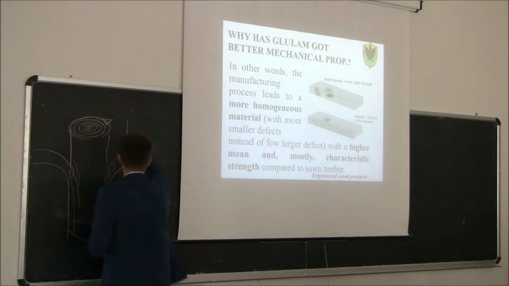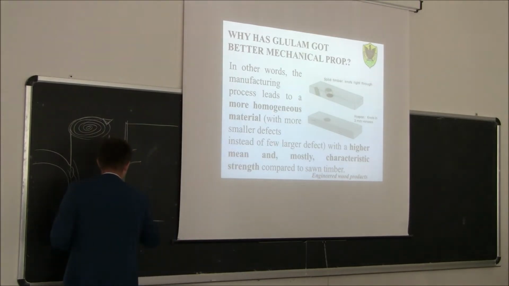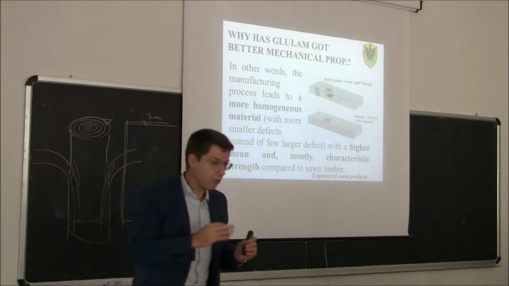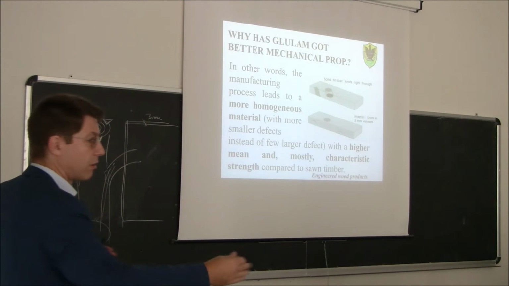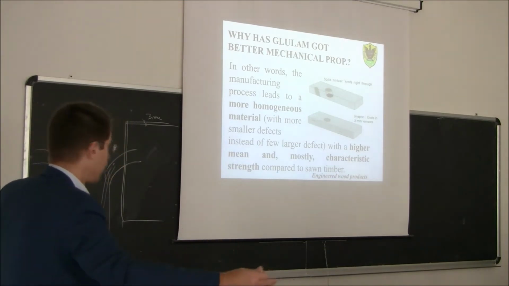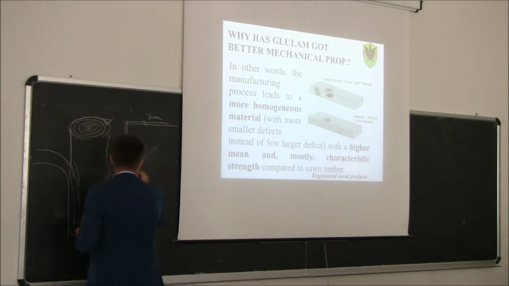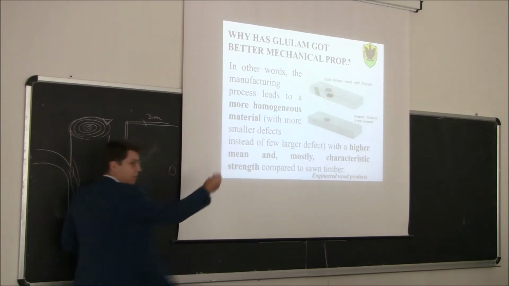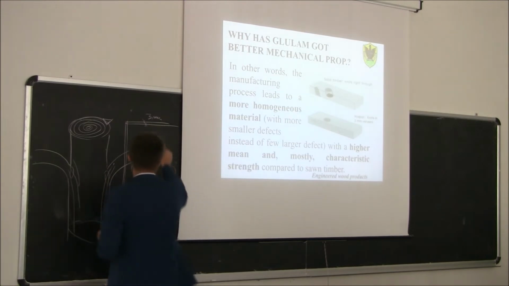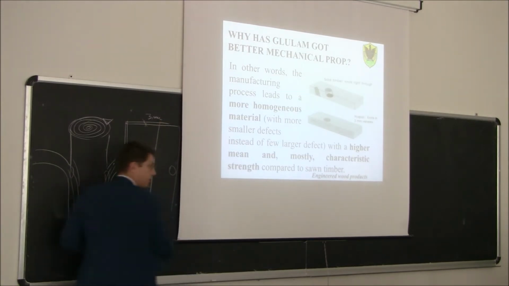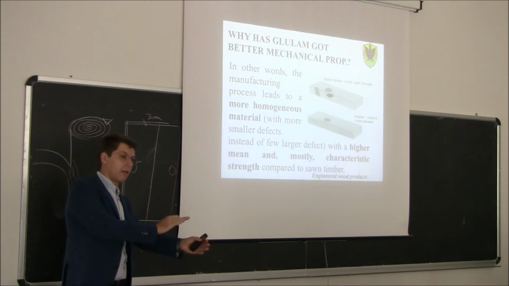So this one becomes a veneer like this, which is 3 millimeter thick. So the whole trunk goes through this plate, and at the end it becomes a very long veneer, 3 millimeter thick. So this knot here, you will have it here, then you will have it here, and so on. After that, this long veneer you cut in small pieces, and then you assemble them again.